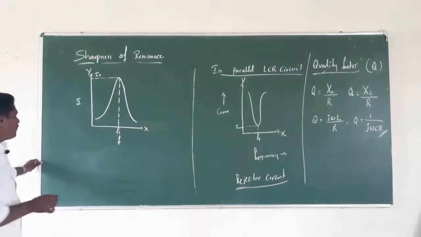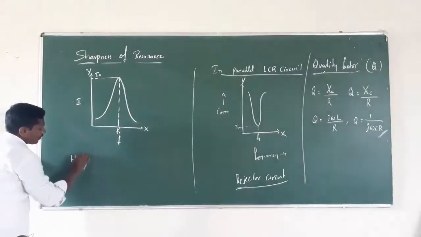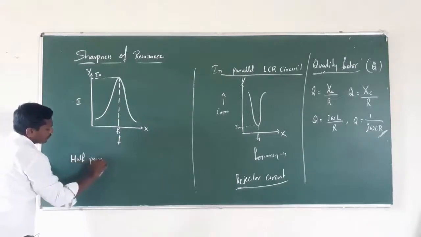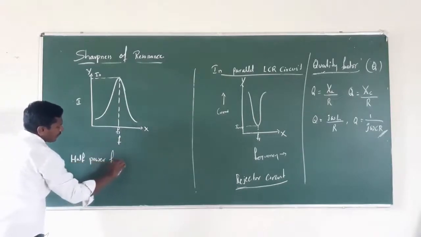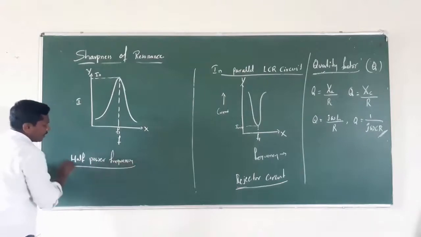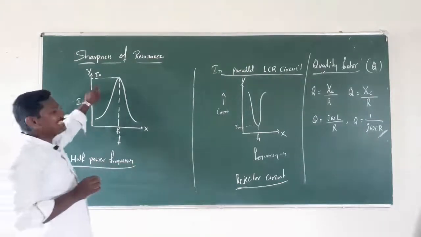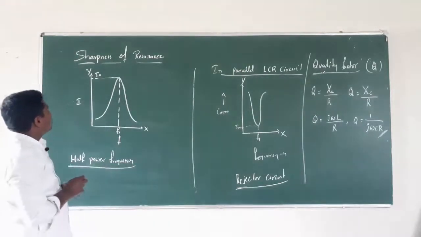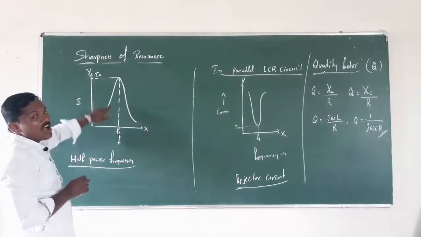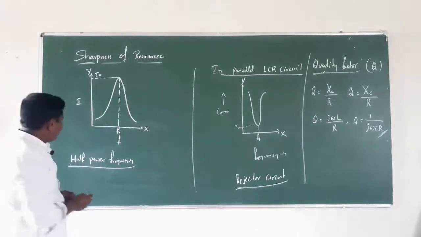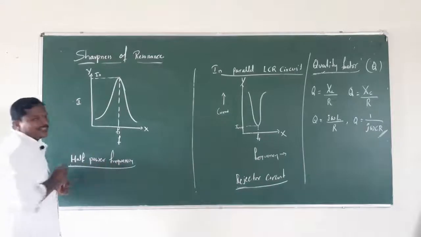Here half power frequency they mention. Half power frequency in the sense the frequency at which the power is half of the maximum power, that we can call half power frequency.